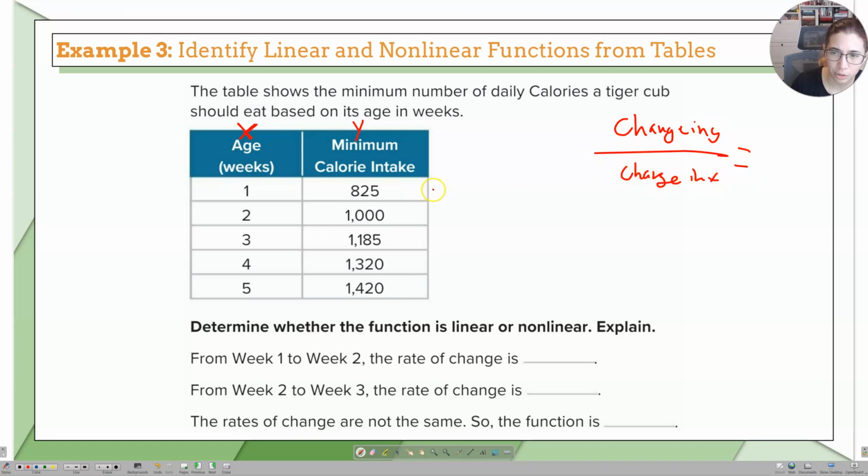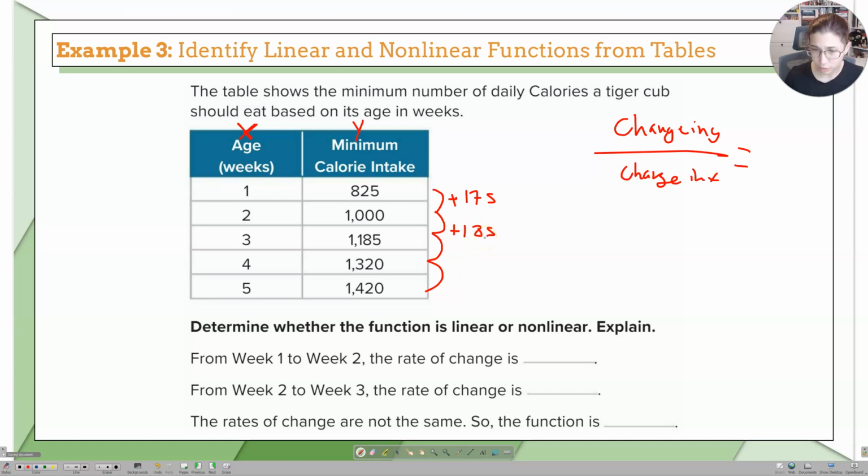So between 825 to 1,000, let's do our little loopies. From 825 to 1,000, 1,000 minus 825, we get 175. So plus 175 here. Then from 1,000 to 1,185, it's plus 185.